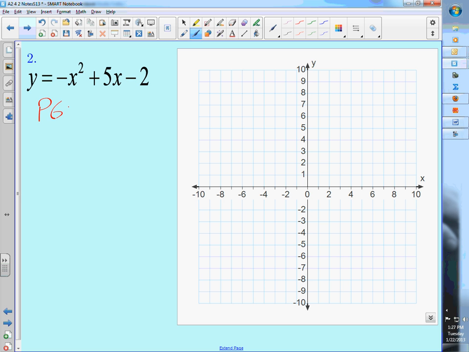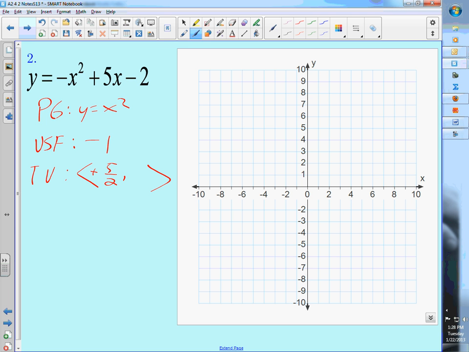Our list, y equals x squared. The vertical stretch factor for this one is what? Negative 1. And the translation vector is going to be negative 5 over 2, comma. How are we going to find out what the y coordinate is? Hold on. No, that shouldn't be negative. Not negative 5 over 2, it's 5 over 2. Okay.